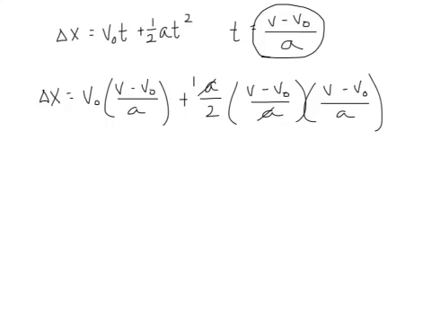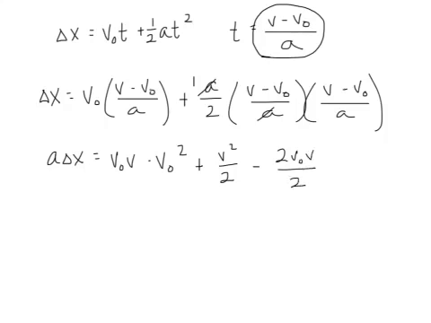And now if I multiply both sides of the equation by a, I get a delta x equals, and I'm going to go ahead and distribute throughout these parentheses. So I'm going to get v naught v minus v naught squared for the first part plus v squared over 2 minus 2 v naught v over 2 plus v naught squared over 2.